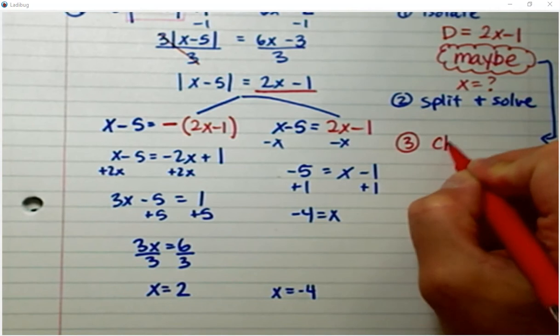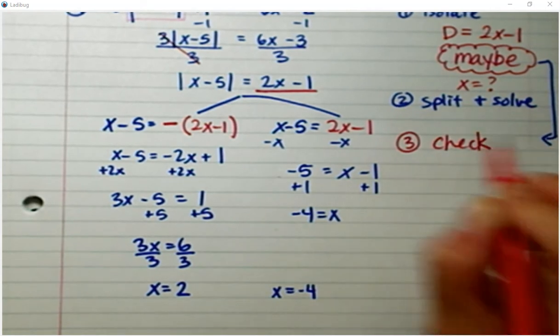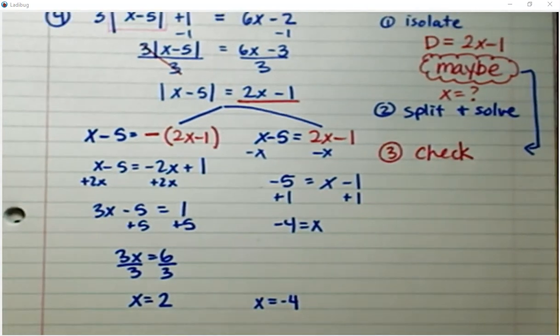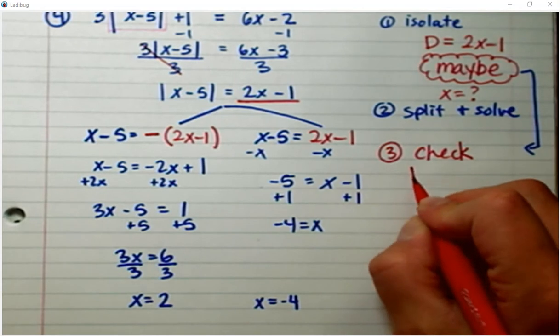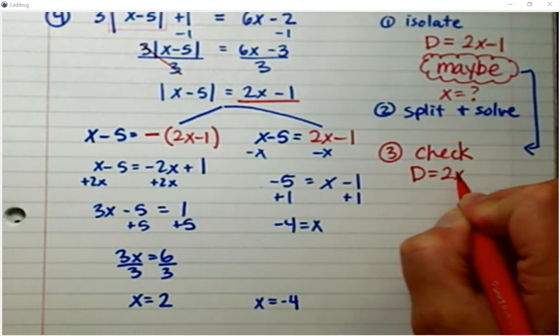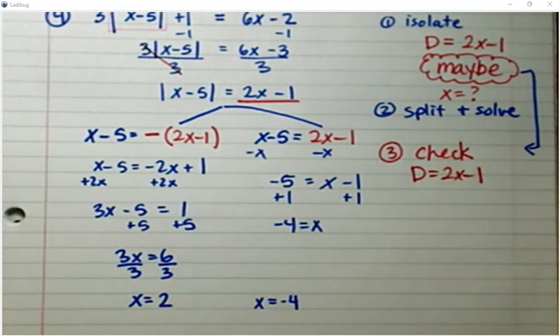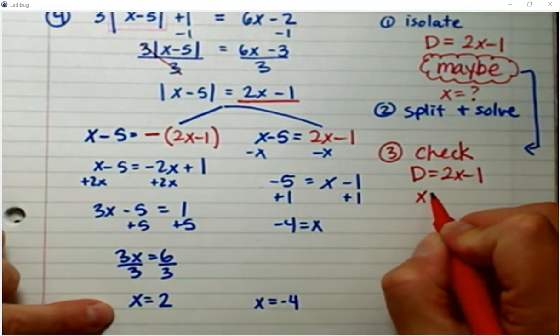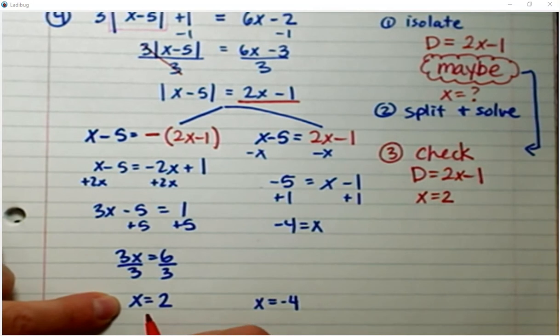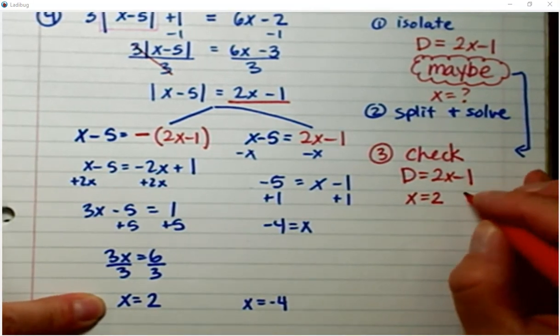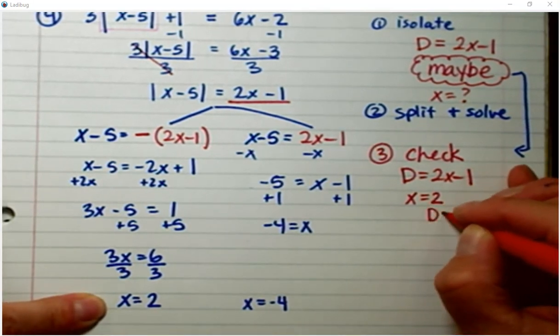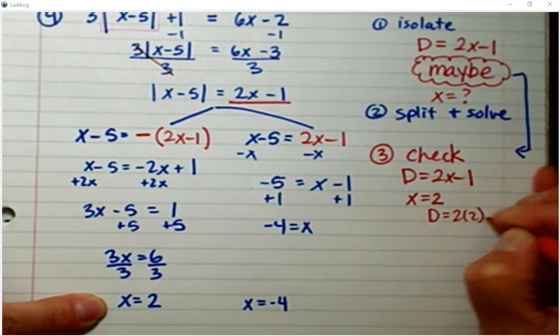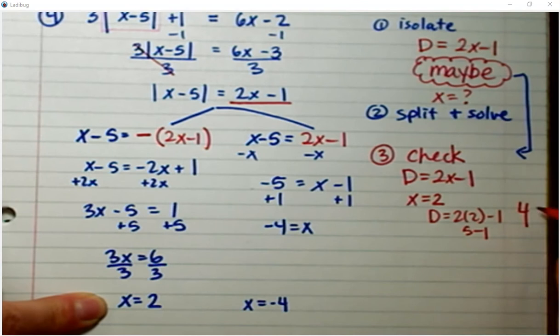Because we have a maybe, we have to check our work. Right now, the distance number is supposed to be 2x minus 1. We got x equals 2, so I'm going to check what distance I get. 4.